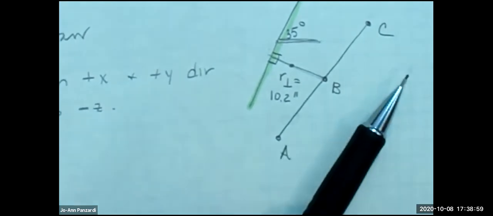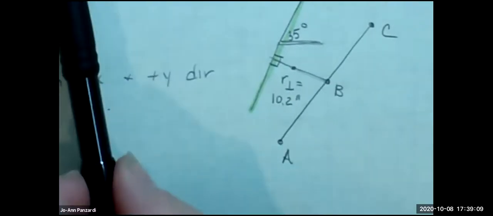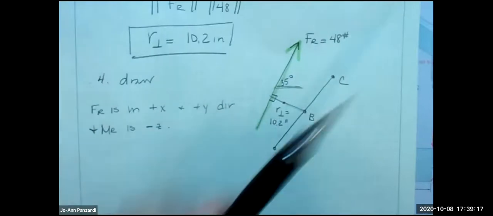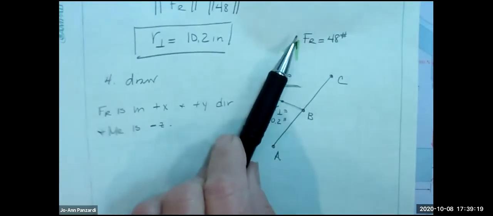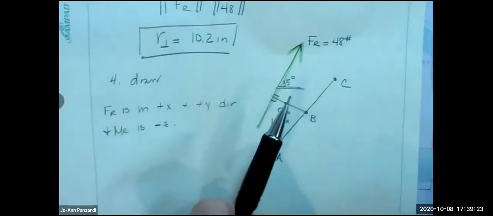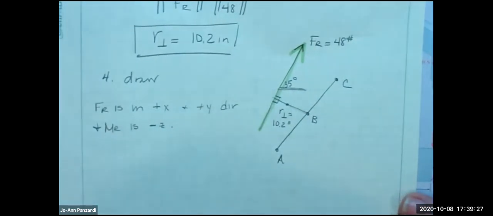Why didn't I draw it where my pencil is? Because I was gonna give you a different direction for the moment. Great. We got a resultant moment of negative. We know the force is going up to the right. In order for a force going up to the right to create a negative moment, it had to be drawn to the left of point B.